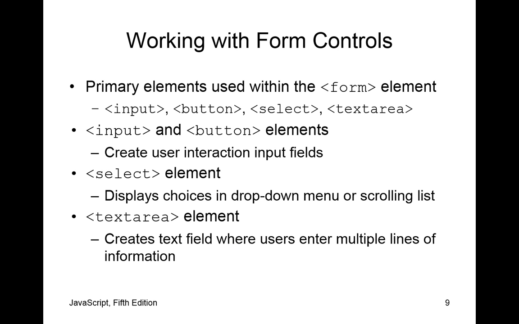All right. The primary elements that you're going to have within a form is going to be your input, your button, select, and text area. Input, that's basically a 255 character string. That's it. That's all you get. A button is a radio button, on or off. Once you click it, it's on, kind of thing.